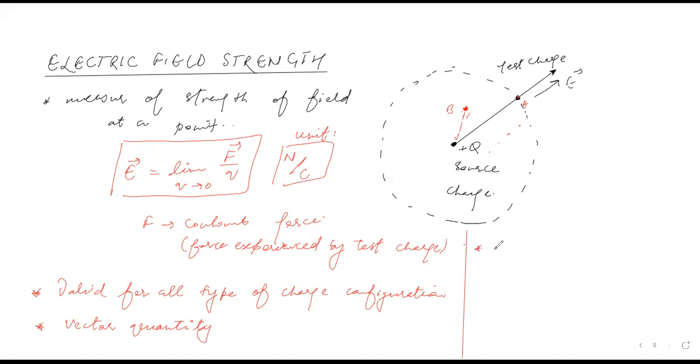You can write: the direction of E, the direction of the electric field is always the same as that of the force experienced by the test charge. I mean, the direction of electric field strength is always in the direction of the force experienced by the test charge. So note it down, please.